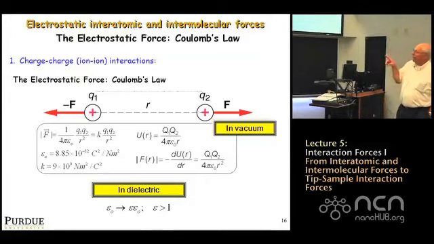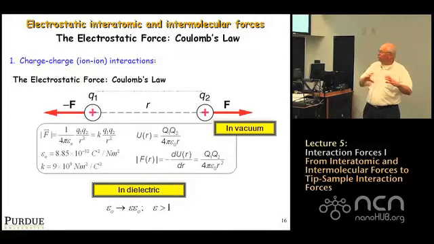Now, technically, Coulomb's law is only applicable in a vacuum, right? And the question is, if the charges are now submerged in a material that's not a vacuum, how do we handle that? The answer is pretty simple. Everywhere you see epsilon naught, you basically replace it by epsilon times epsilon naught. Epsilon is a dielectric constant that characterizes the medium that surrounds the two charges.